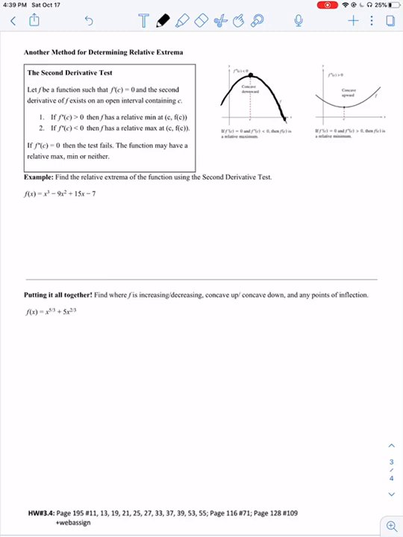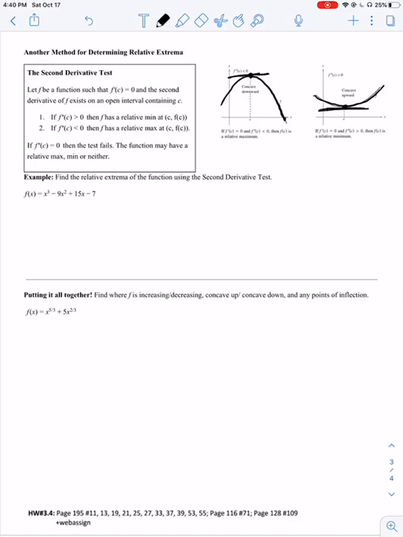And so there we have a maximum, right? If we're concave down, we're going to have a maximum, and that would be when the first derivative is equal to 0. And similarly, if we're concave up, so f double prime of c is positive, and f prime of c equals 0, then I know that we have a minimum.